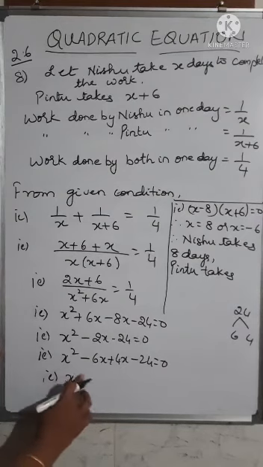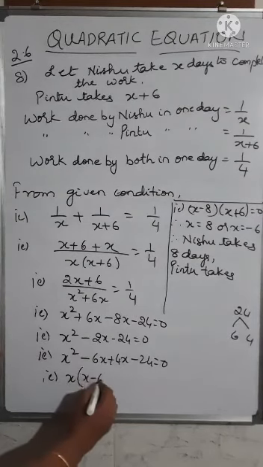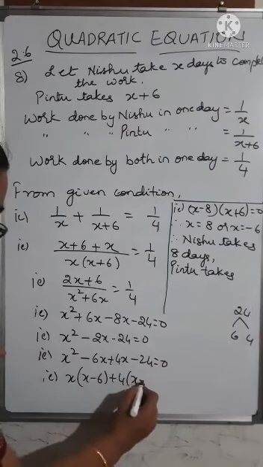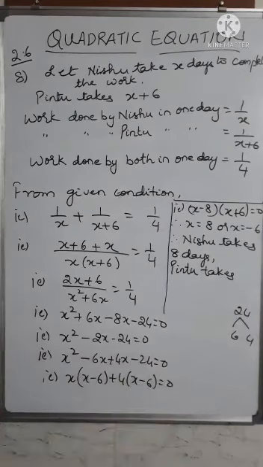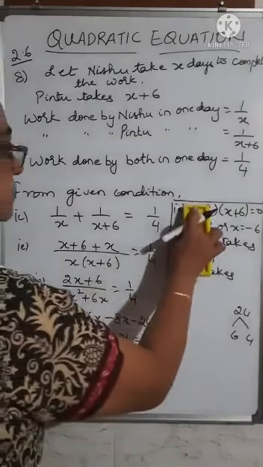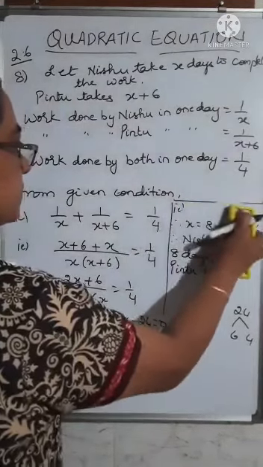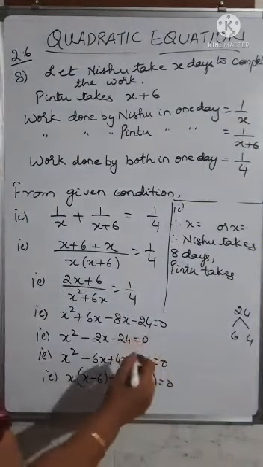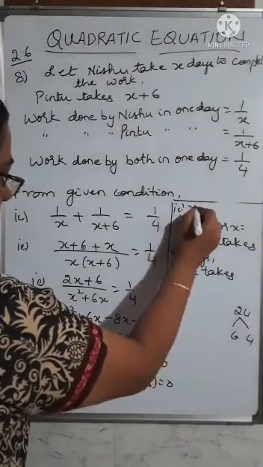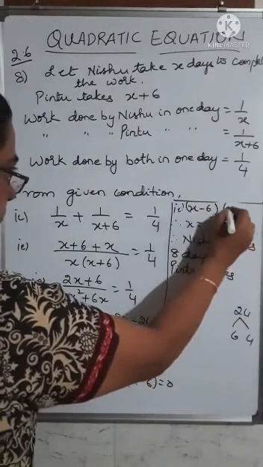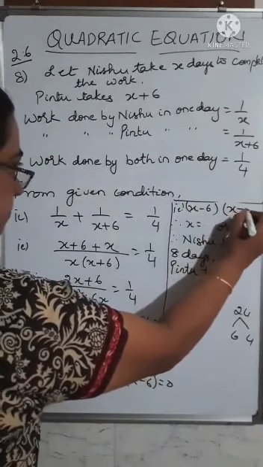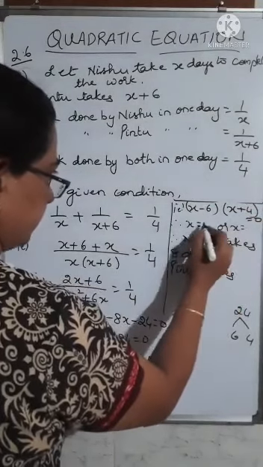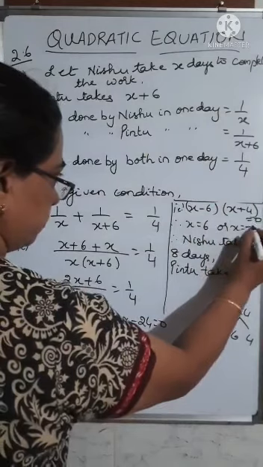Take out common factor: x is common, and 4 is common, so x minus 6 into x plus 4 equal to 0. So you get x is equal to 6 or x is equal to minus 4.